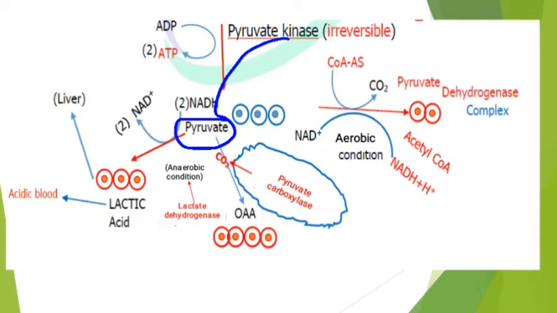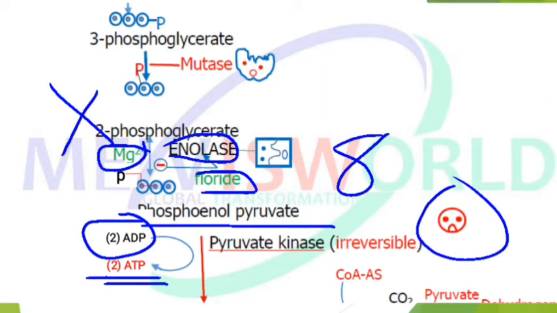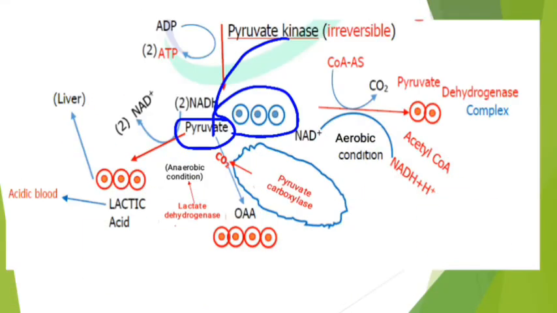Pyruvate is a 3-carbon molecule. All the enzyme did was to cleave off the weakened phosphate group so as to form a 3-carbon molecule having no phosphate group. Under aerobic conditions, pyruvate is converted into a 2-carbon molecule known as acetyl-CoA. Acetyl-CoA is a substrate to the TCA cycle.